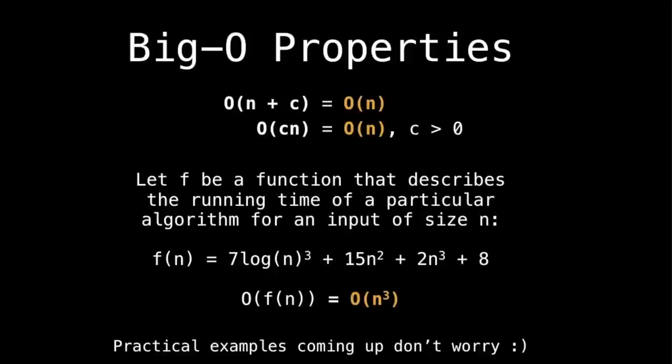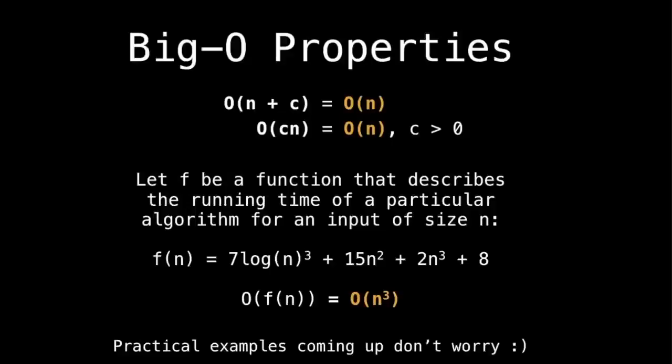But of course, this is all theoretical. In the real world, if your constant is of size 2 billion, yeah, probably that's going to have a substantial impact on the running time of your algorithm. However, let us look at a function f, which I've defined over some input size n.